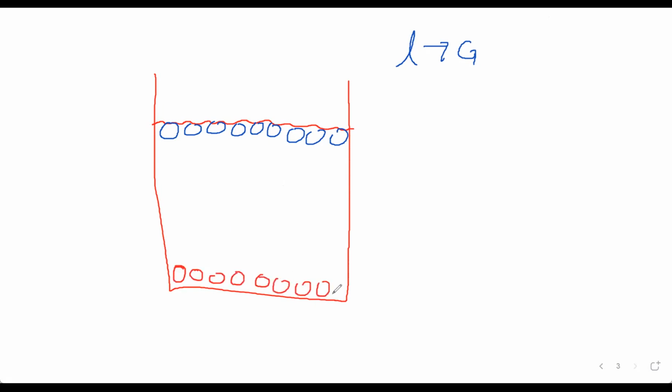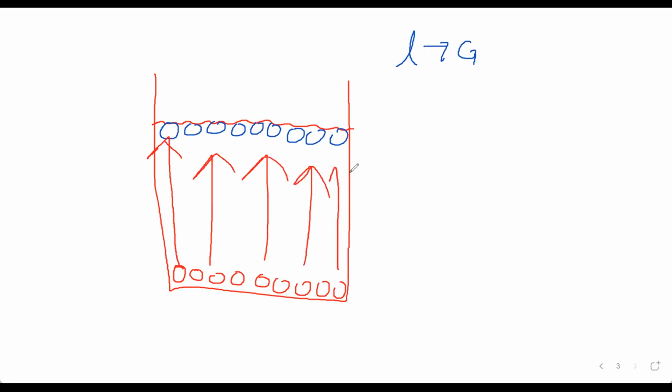Okay, so pay attention, this is important. What actually occurs is these surface molecules will try to go through evaporation. And in order to go through evaporation, they must first absorb energy from the molecules below it. Once they have absorbed enough energy, they will break the forces of attraction between each and every one of these molecules here.